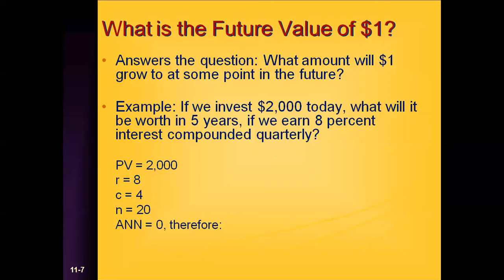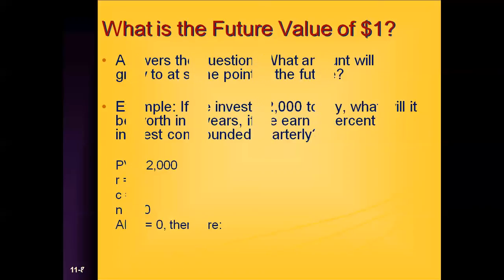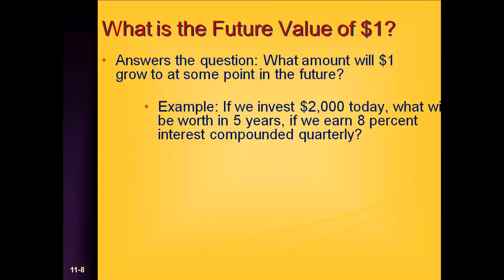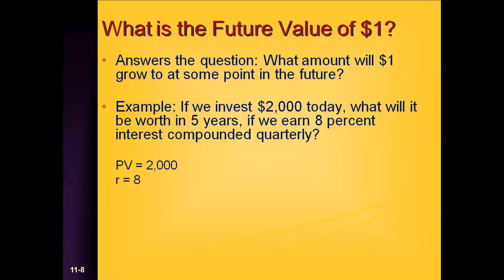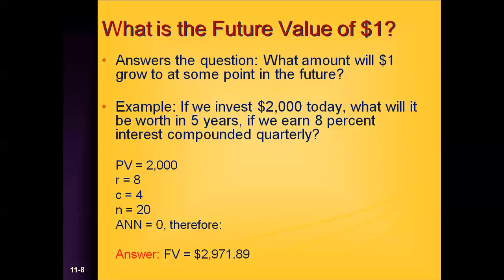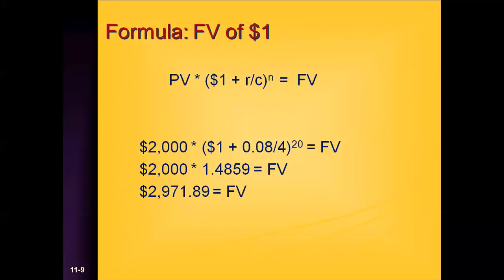And the annuity is 0, therefore your future value is going to be $2,971.89. So if you invested $2,000 today over a 5-year period at an 8% interest rate compounded quarterly, you would have $2,971.89 in 5 years.